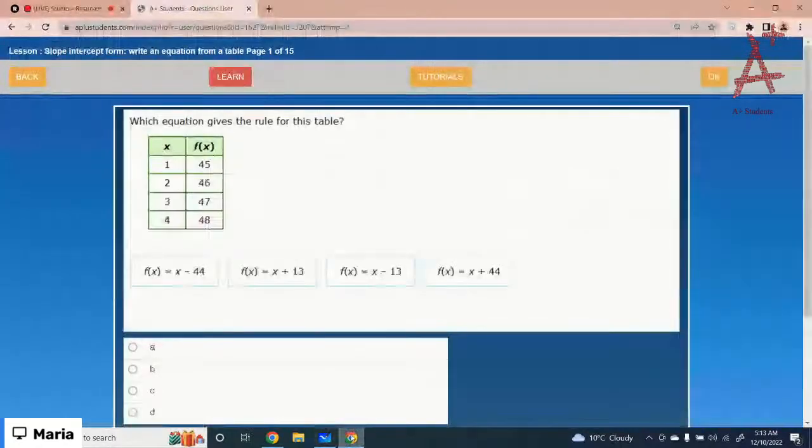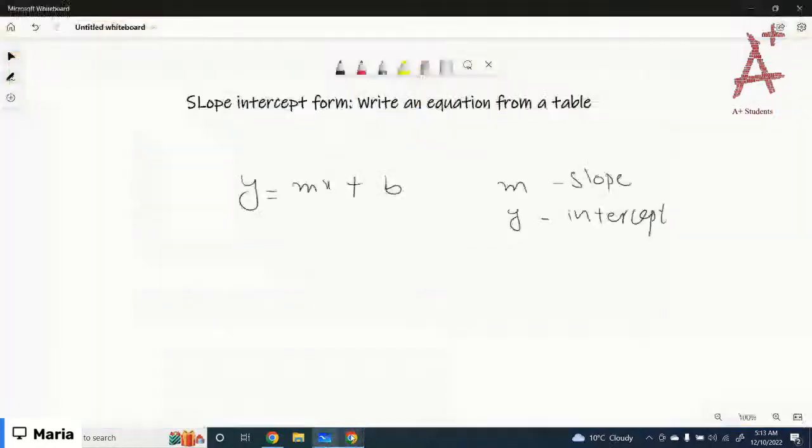Okay, let's see. Slope is y2 minus y1 divided by x2 minus x1. You can use any 2 points. Got it?